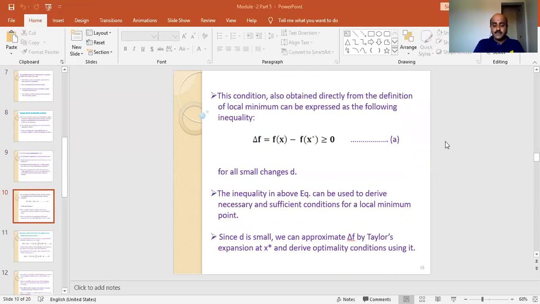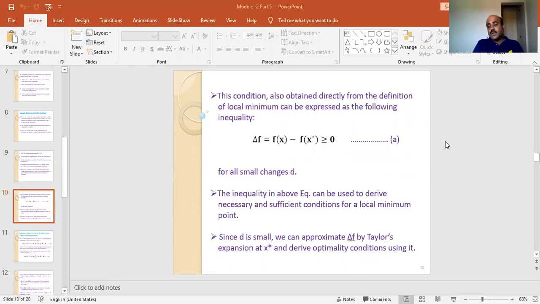So this condition, also obtained directly from the definition of local minimum, can be expressed as the following inequality. We are getting the same thing that is there in words, now put in the form of a mathematical expression. Delta f is equal to f of x minus f of x star, which should be greater than or equal to 0.